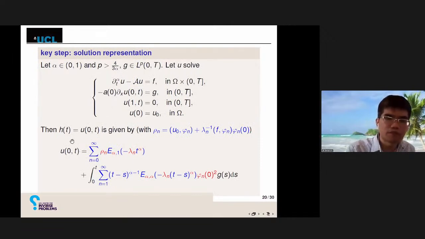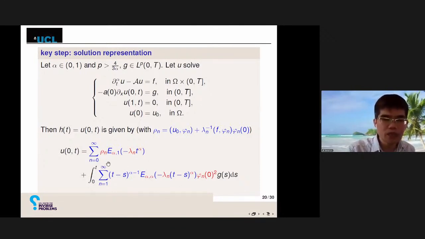This means that the measurement we have actually consists of two parts. The first part comes from the initial condition and the source. The second part comes fully from the boundary and can be decomposed into two parts.